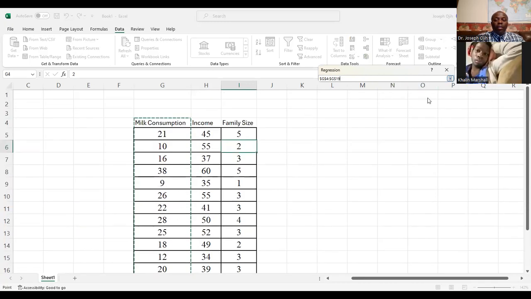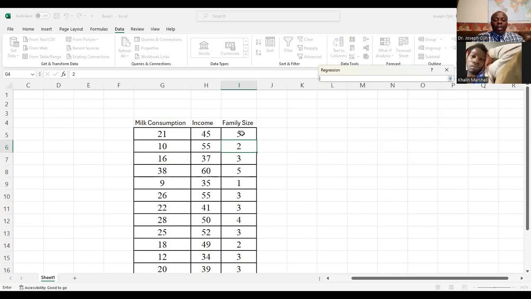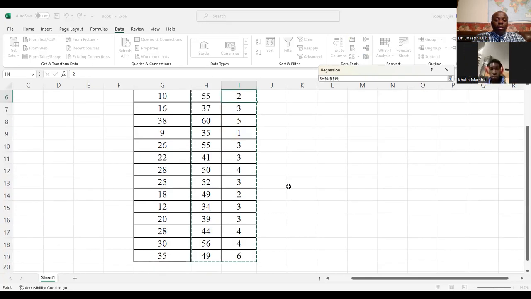Then for the X variable, we have two variables, X1 and X2. Unlike simple regression where you have only one X, for multiple regression you might have two or more X variables. Even if it has three or four of them, just highlight all of them. In this case, we have only two, so I'm going to highlight X1 and X2 and click here as well.